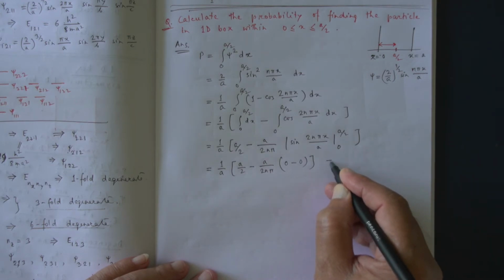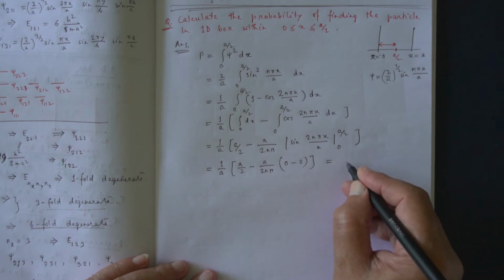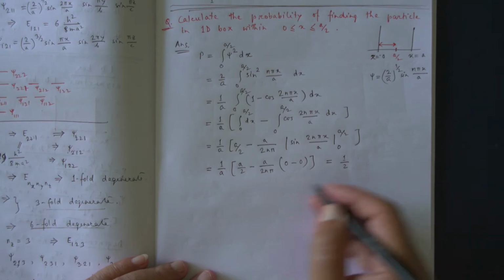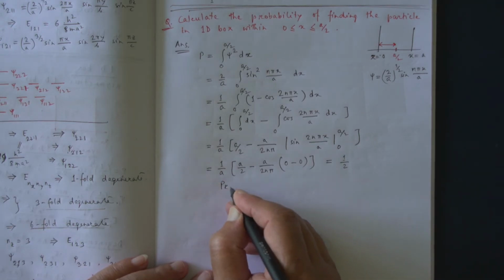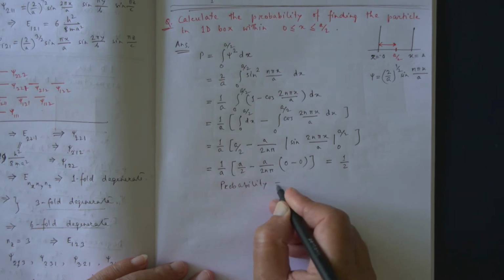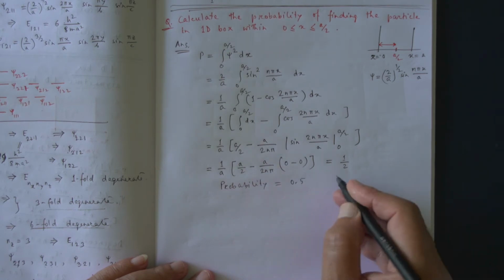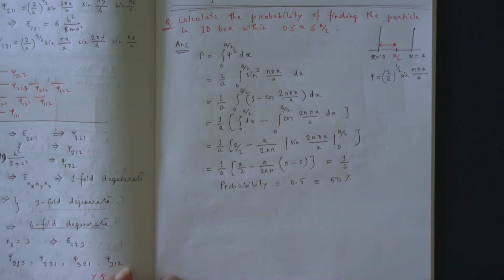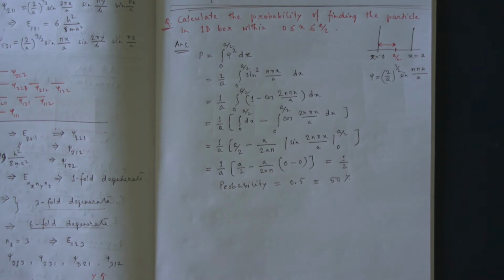So this will be equal to half. So probability will be equal to 0.5, and that is equivalent to 50%. This way you can solve the problem.